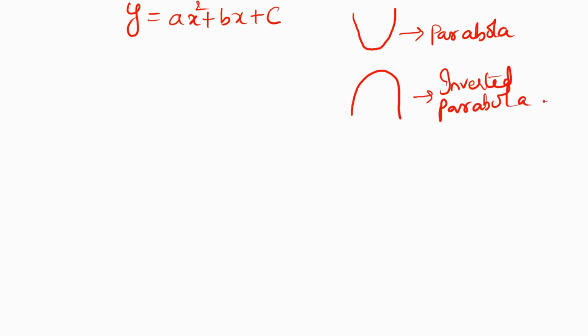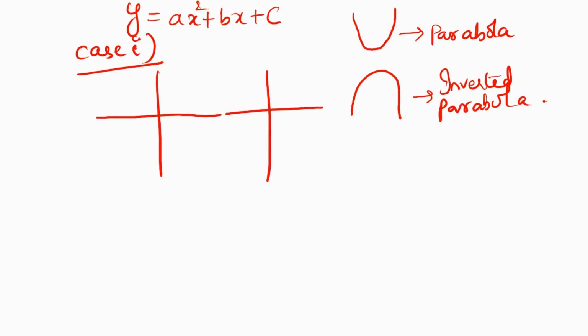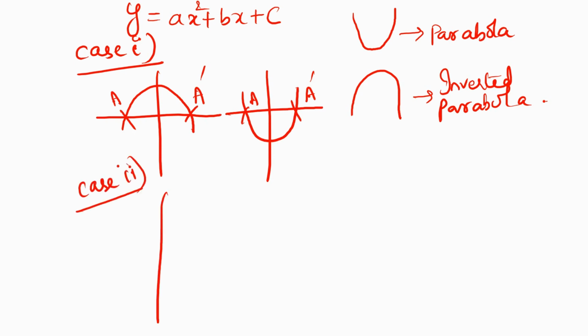For this quadratic equation, we can consider 3 cases. In the first case, you can see an inverted parabola and a parabola. For the second case also, you can see both the shapes.